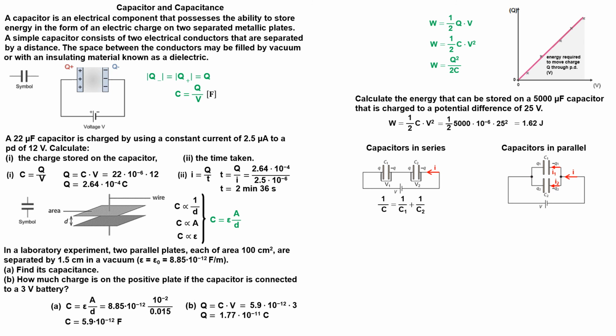Charge is conserved, so the total charge stored on the combination is equal to the sum of the charges on each capacitor. Substituting for Q from the definition of capacitance gives the following. So the total capacitance is given by the formula. When two capacitors are connected in parallel, the total capacitance is equal to the sum of the capacitances.